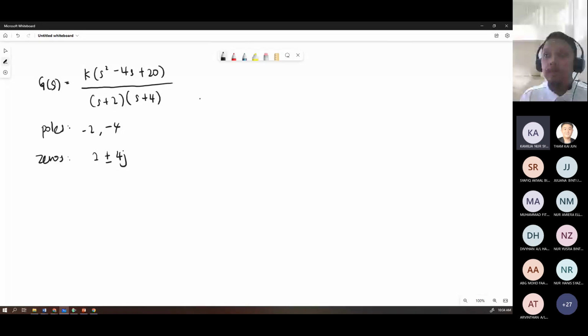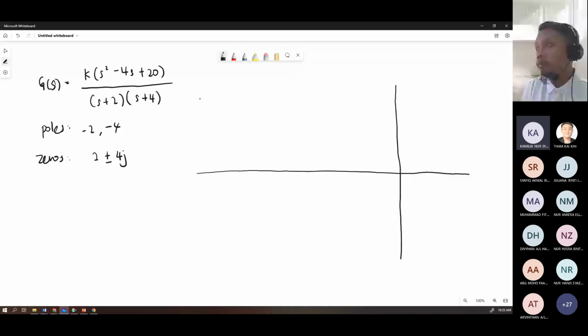Then maybe we can sketch this on the s-plane. So we have -2, -4, and then negative 4j here, and positive 4j, so we have 0 here.